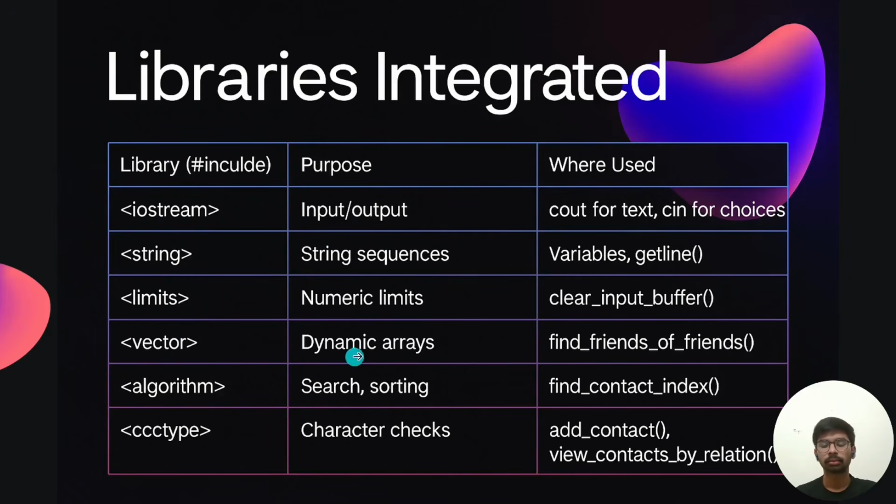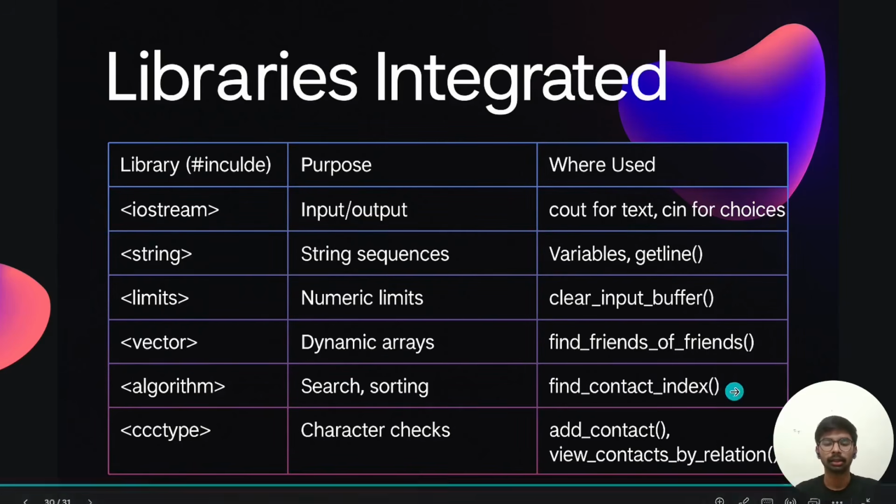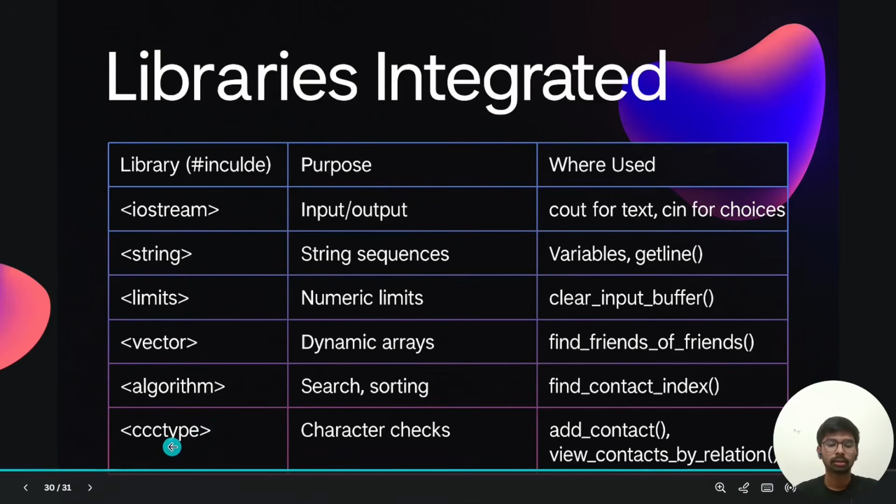We included vector because we created dynamic arrays, for example, in the find friends of friends function. We included algorithm for searching and sorting. For example, we used it in find contact index. We integrated the cctype library also for character checks, which was used in add contacts and view contacts by relation.